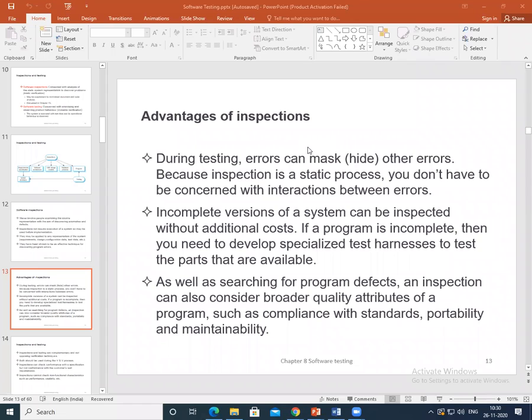An error leads to a fault. If you have an error in a program, sometimes the program may not execute, or it might give wrong functionality. It might not show you the correct output. So an error leads to unexpected output; you might not get the expected output.